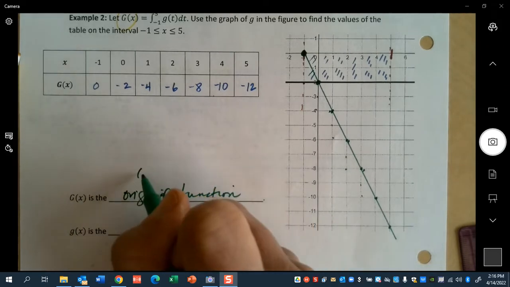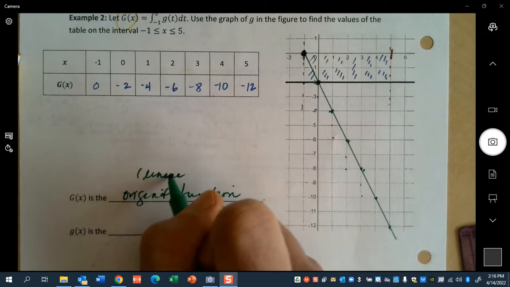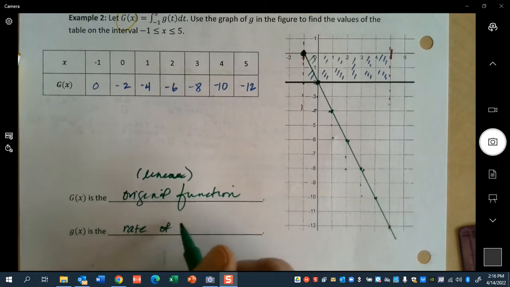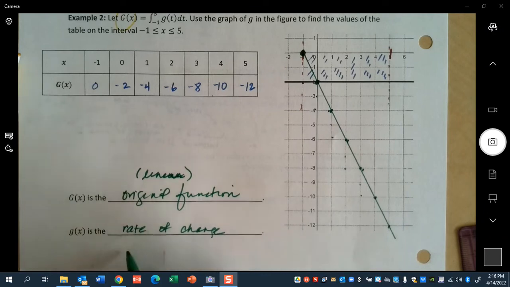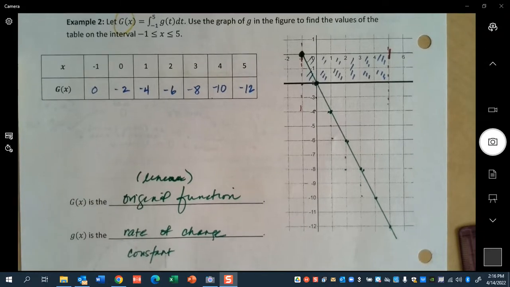And keep in mind, it is linear. G of x is going to be our rate of change. And it's a constant because it's one power lower. Kind of cool, don't you think?